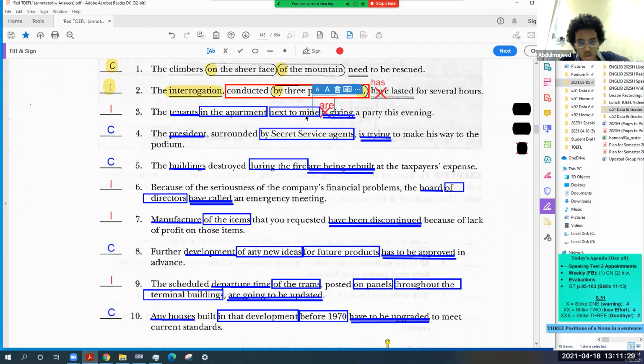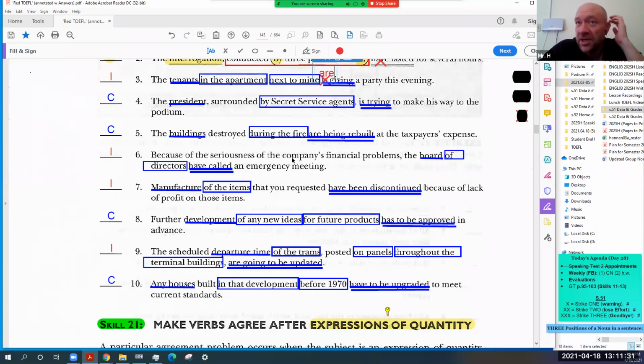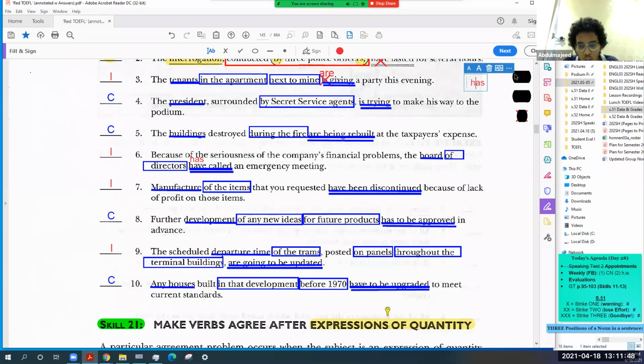Okay. What about number 6? How do I fix number 6? It should be has. Why should it be has? Because board is singular.